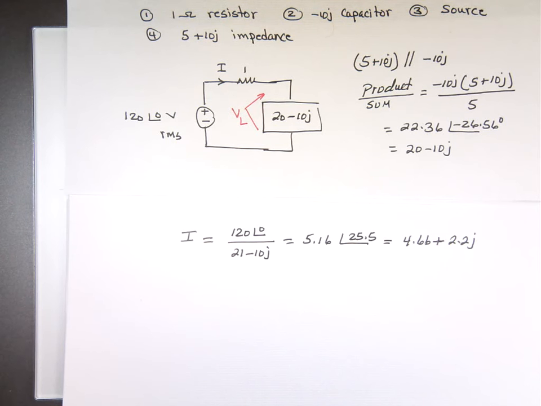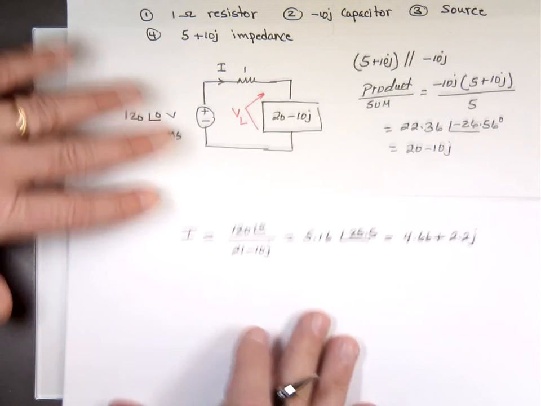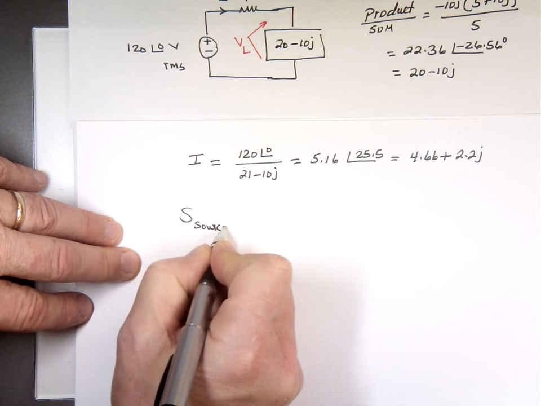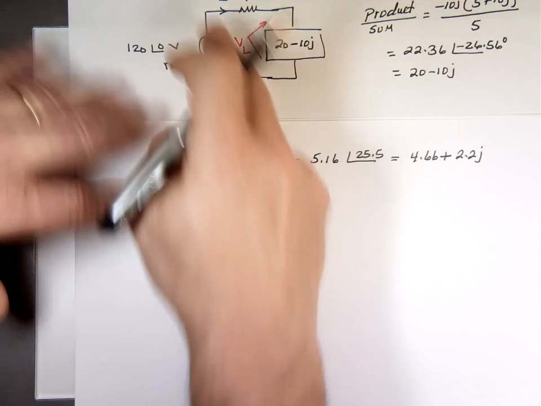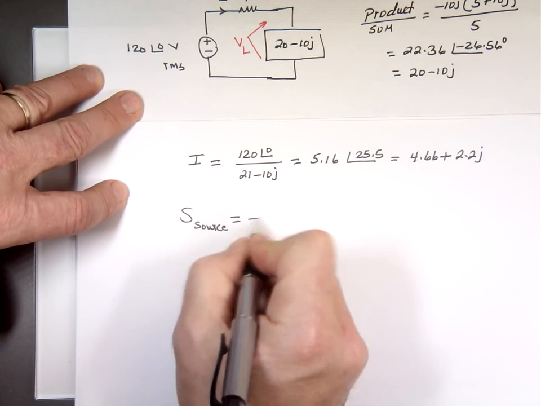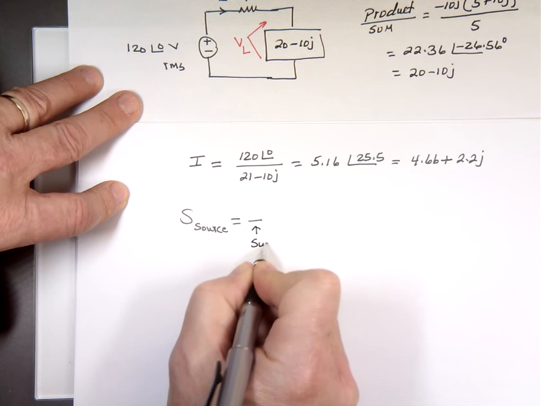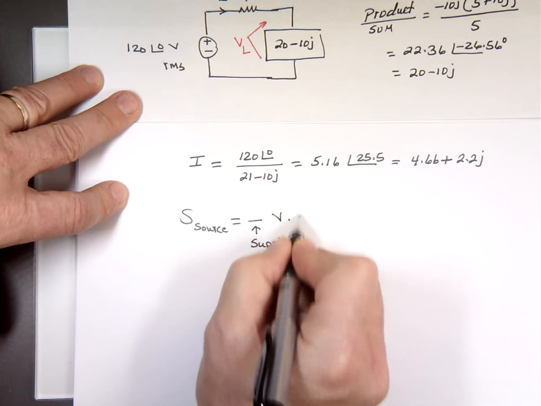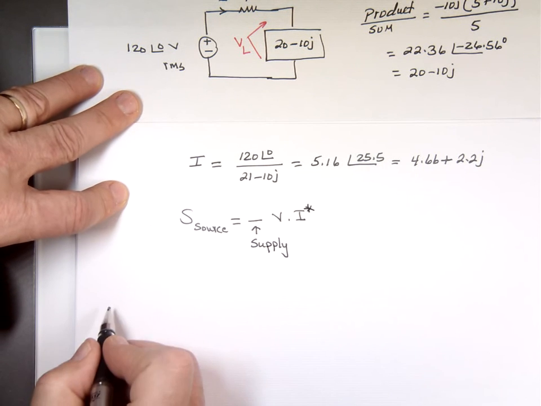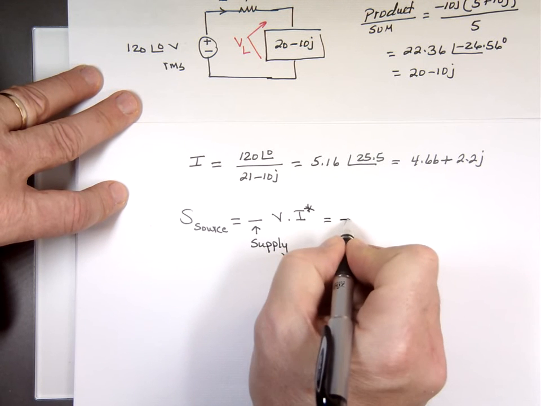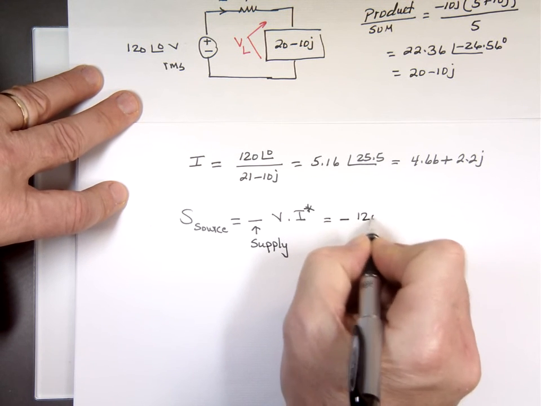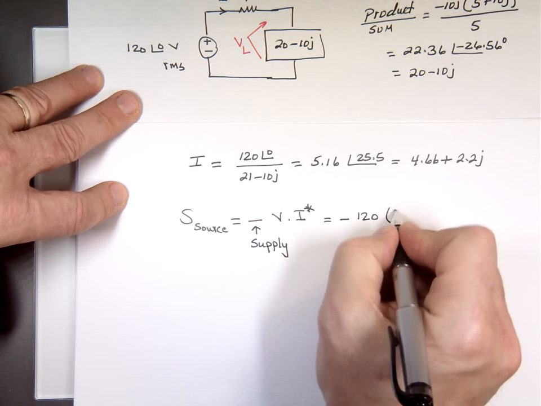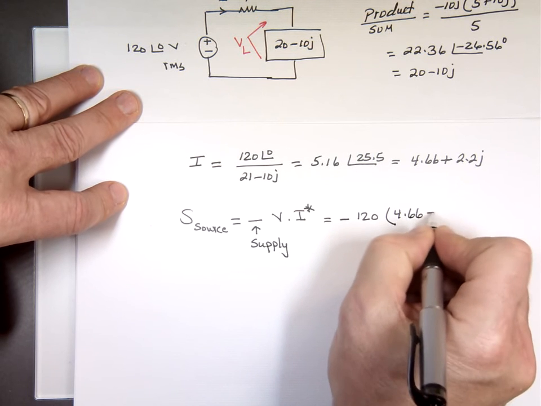Right? So let me answer that. As for the source, complex power, we have a current entering the minus. That's a minus. Minus indicates, again, that it's supplying power. It's V times I conjugate. So it's a negative. V is 120 times I conjugate. This is the I. What's the conjugate of that? 4.66 minus 2.2j.